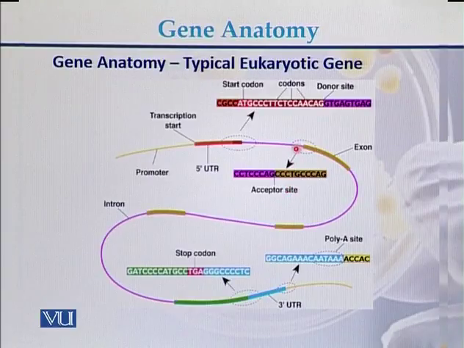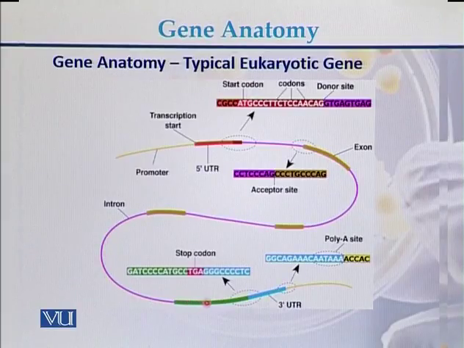At the boundary of intron and exon, the donor site can be AG and GT, and the acceptor site will end with AG. So these are the exons.